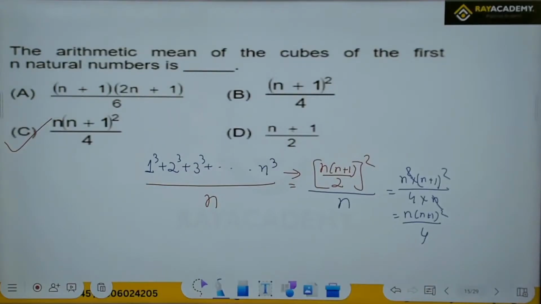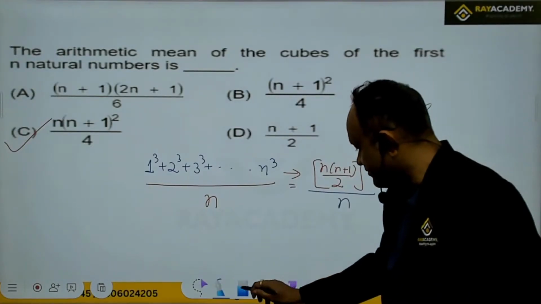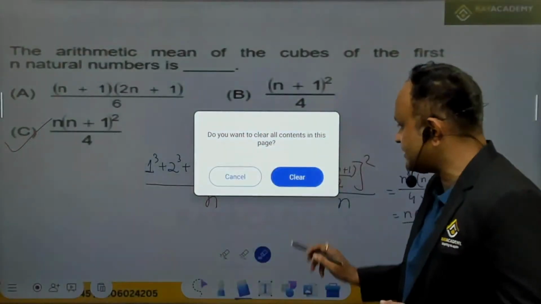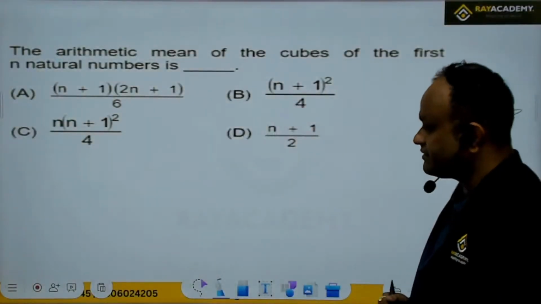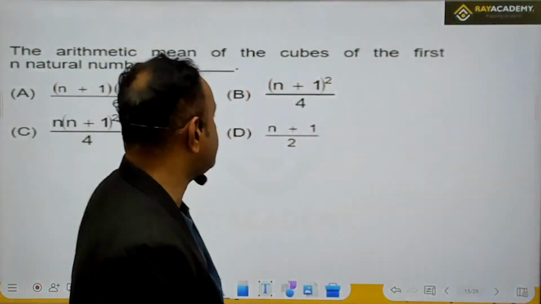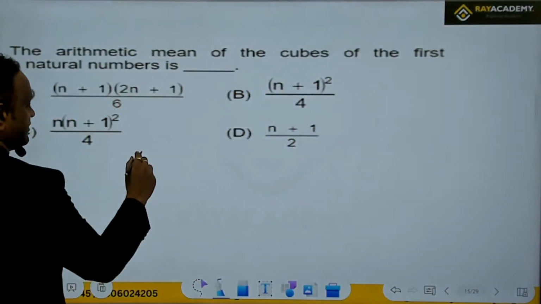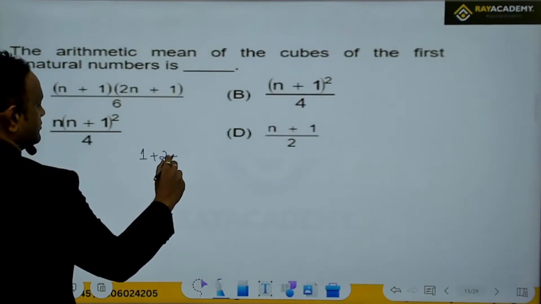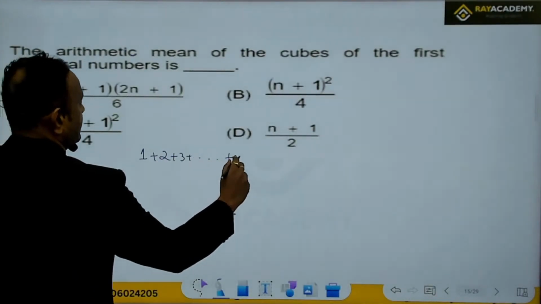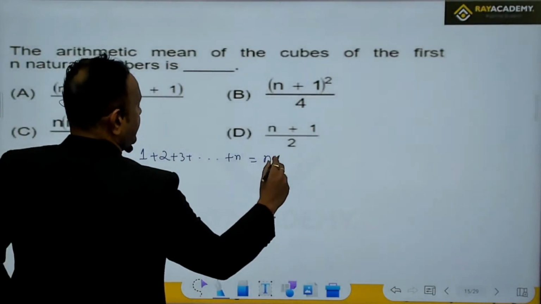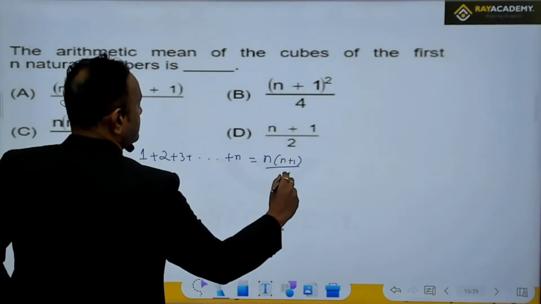So this formula for 1 cube plus 2 cube plus 3 cube up to n cube is very important. Let me write 3 formulas that you need to learn by heart, because in many competitive exams you will always see the use of these formulas. First one is the sum of n consecutive numbers, 1 plus 2 plus 3 plus up to n. The formula is n into n plus 1 divided by 2.